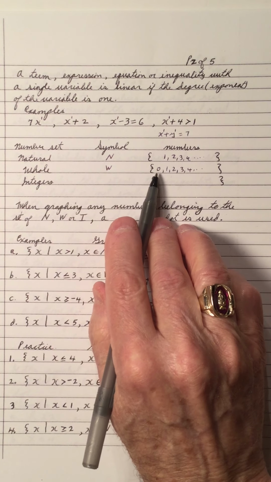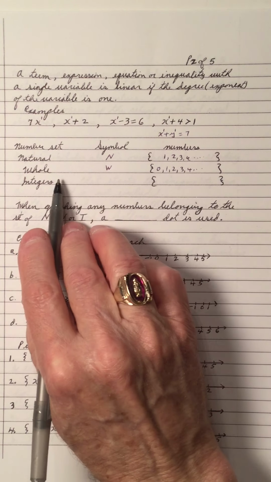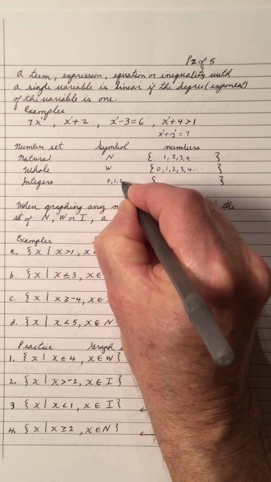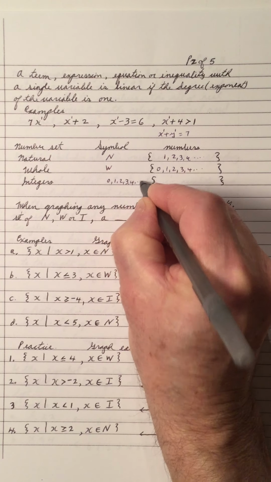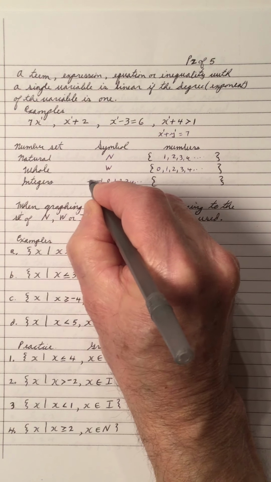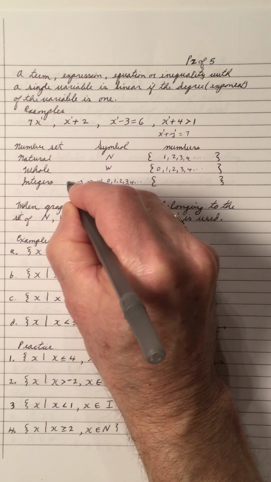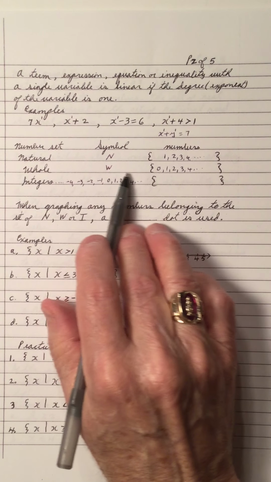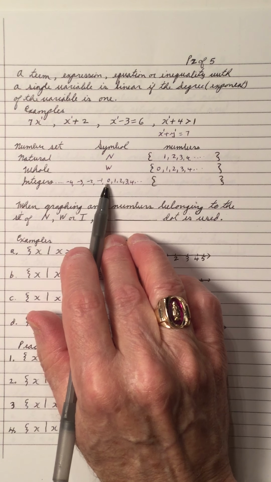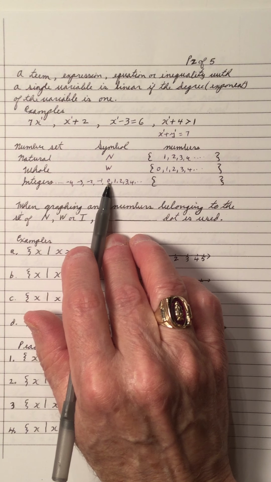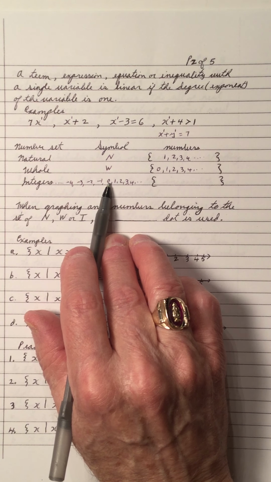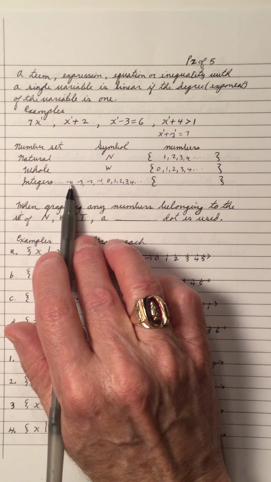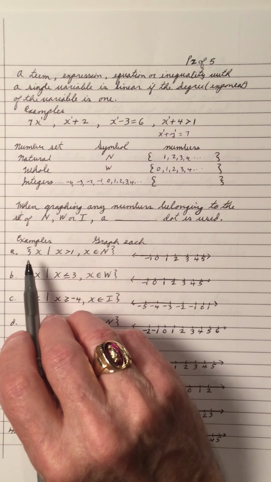Integers are the whole numbers, which is 0, 1, 2, 3, 4, and their opposites, which is -1, -2, -3, -4. So the integers are the natural numbers, 0, and the opposites. Remember, 0 is neither negative nor positive. These negatives, -1, -2, -3, -4, etc., are the opposites of 1, 2, 3, 4.